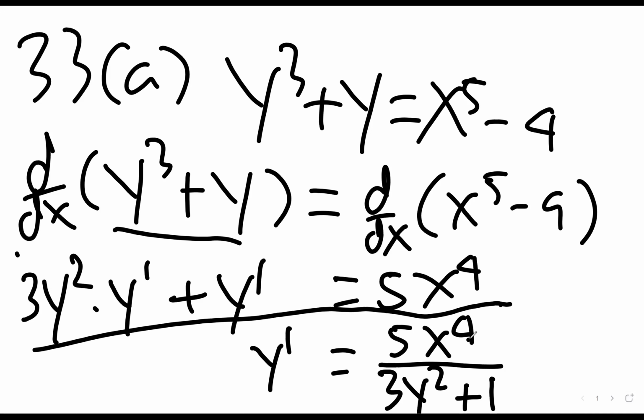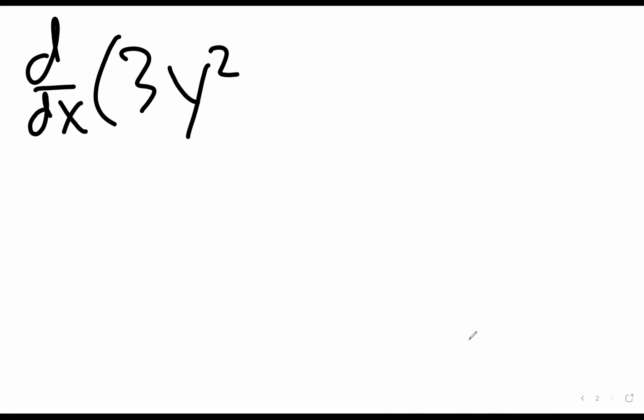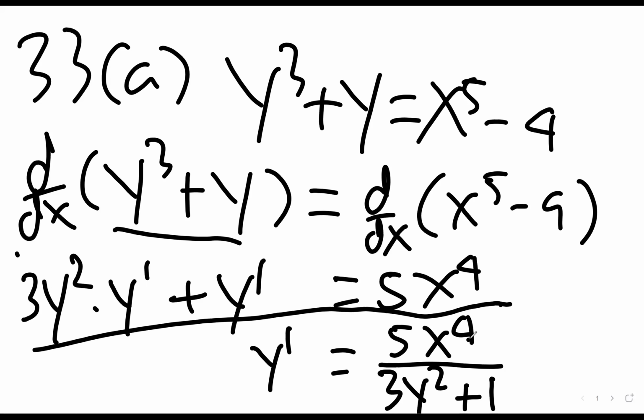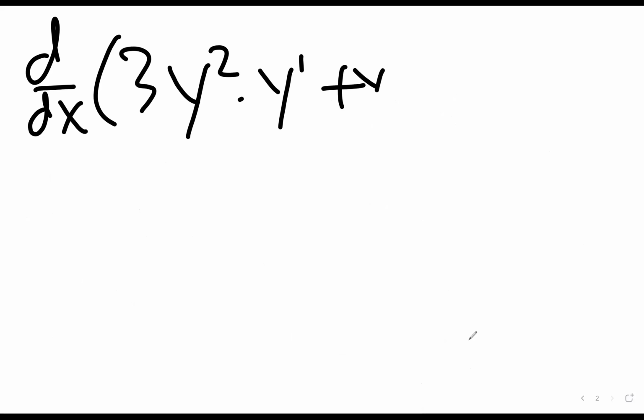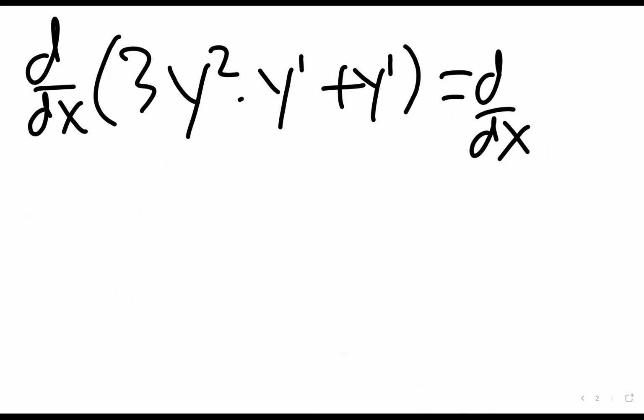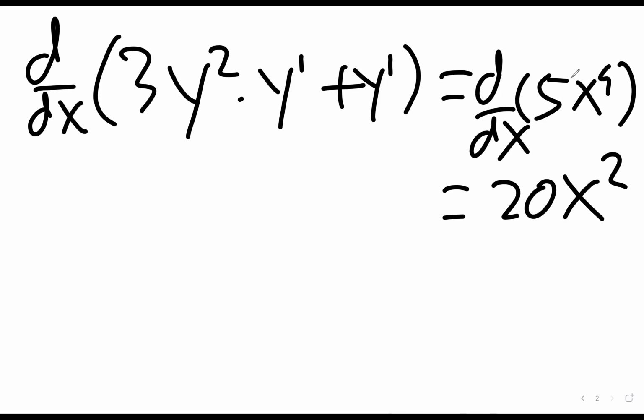So I take the derivative with respect to x of 3y squared, although we have the product rule, of course, plus y prime, equals the derivative of the last term, 5x to the power 4. On the right hand side, I should have 20x to the power 3. For the left hand side, we use the product rule.